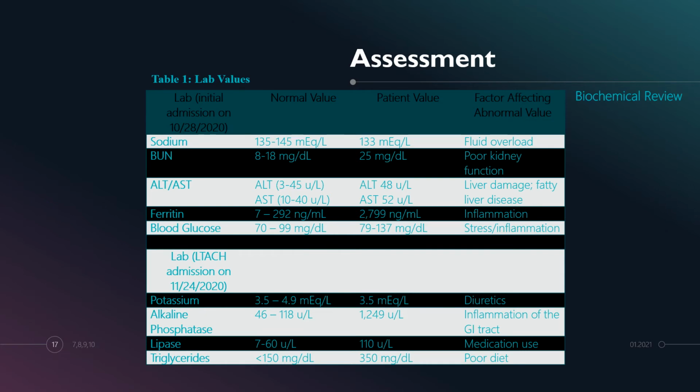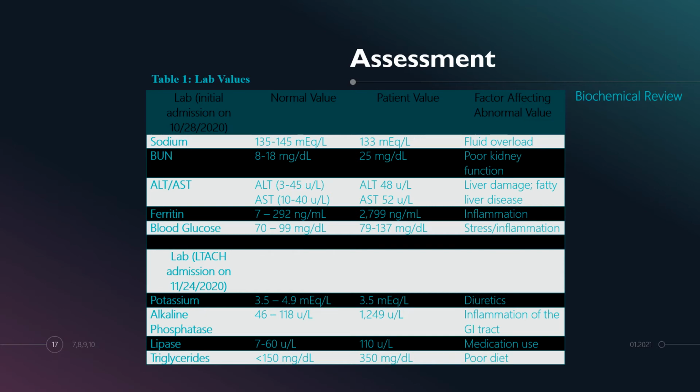Her alkaline phosphatase was very, very elevated, and I've done some research on this, and the alkaline phosphatase is seen to be very commonly elevated in individuals who have Crohn's disease, and that's just a direct result from the inflammation of the GI tract. And so, again, this is explainable just by the inflammation being seen from her Crohn's flare-up.